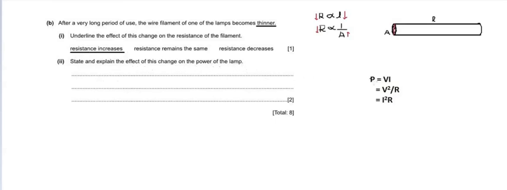So we have already seen the power formula is VI or V squared by R or I squared R. In our circuit, what is happening is that our voltage is constant. So in this case I can use the formula V squared by R, because our potential remains constant in our circuit.